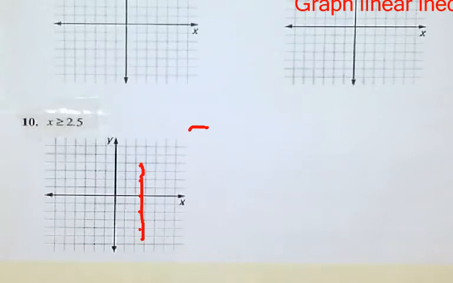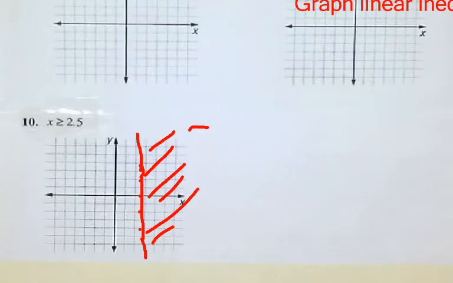Sort of like that, huh? And it goes up forever, and it goes down forever. So it's all the numbers greater than, right? Everything to the right of that line. That's what we want. Okay? So we're looking at just like that.